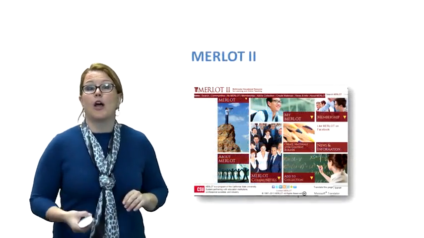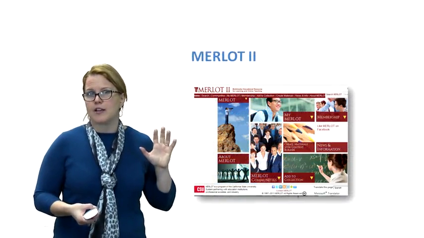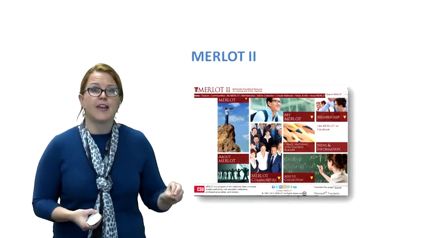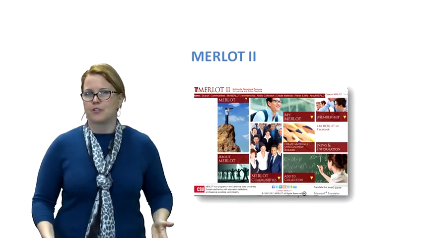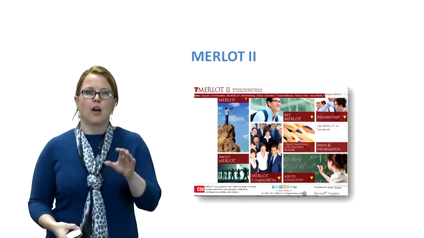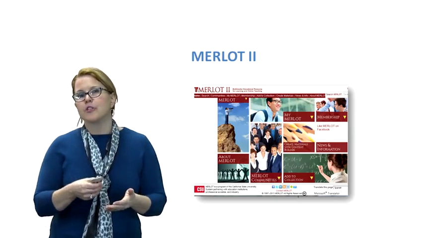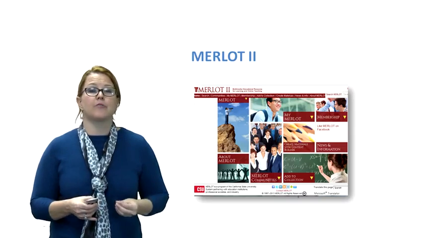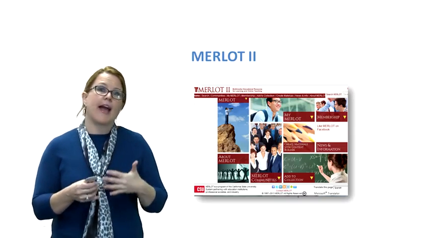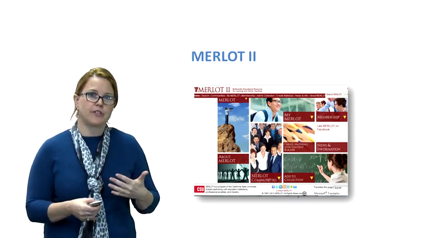The third site is MERLOT. MERLOT came out of a California state initiative and has emerged into a learning object repository. So not only does MERLOT have resources, but those resources are tagged and lesson outcomes associated with those. So you get a little more context in how you might want to use those learning resources.